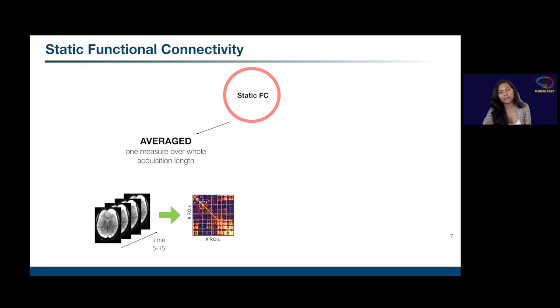And so even in the context of resting state fMRI, even though we obtain different frames, brain scans at around 2 seconds, and we do that for the whole 5 to 15 minutes, the whole output of static functional connectivity measure applied to this data is a set of correlations in the form of a connectivity matrix.